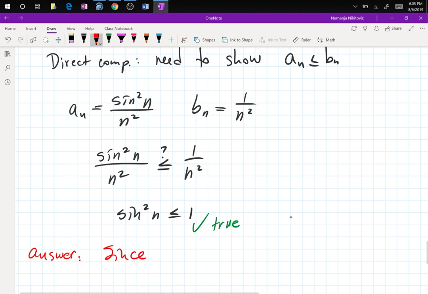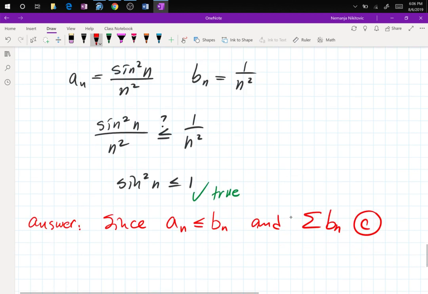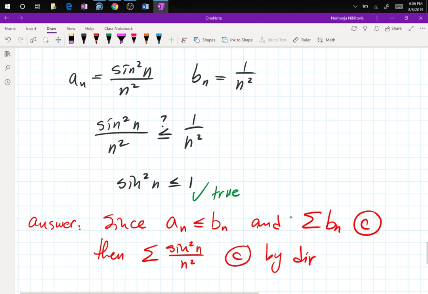So now the answer. Since an is smaller than bn and the summation of bn converges, then the summation of sine squared n over n squared converges by the direct comparison test.